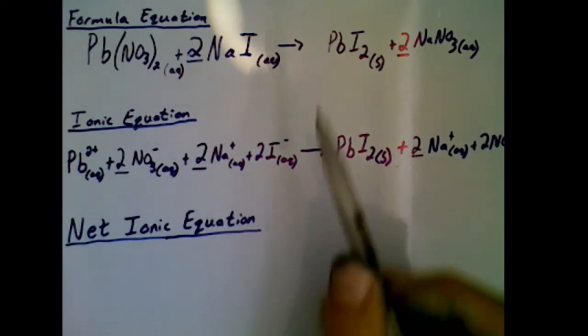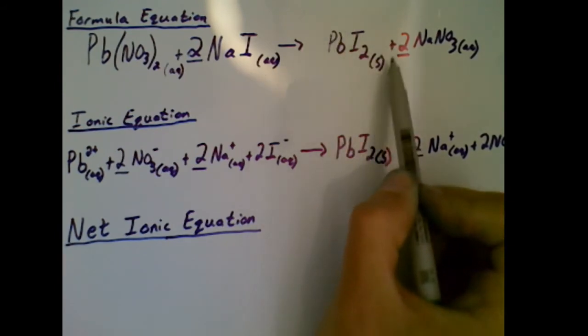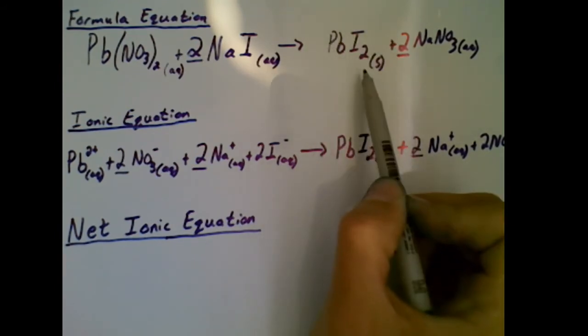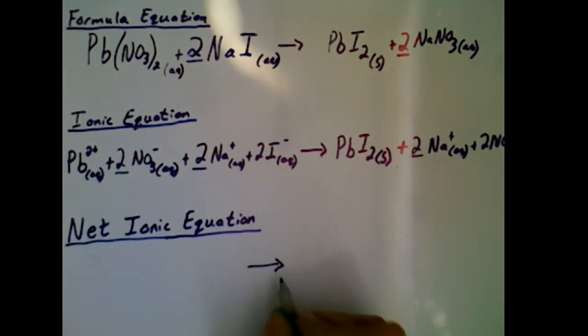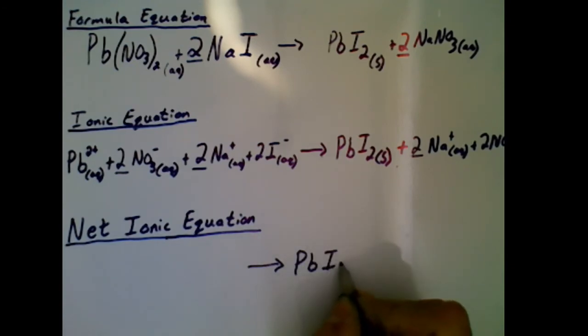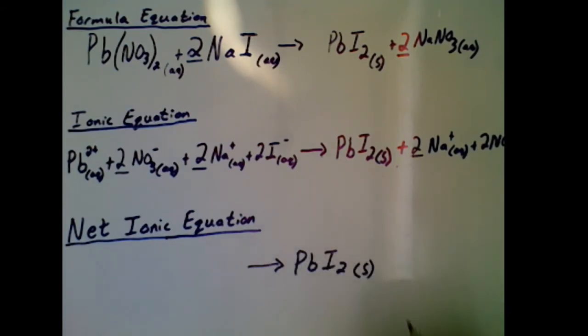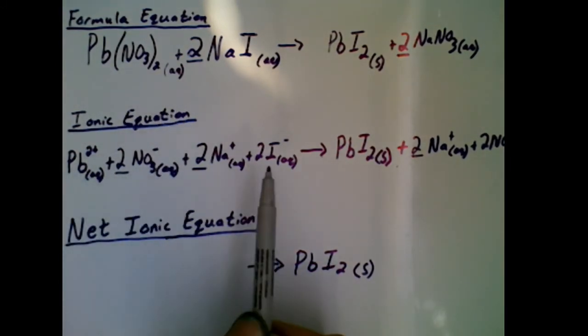To find this, you want to find what was my substance that actually changed? Well, that's in this case the PbI2. So after my arrow, I'm going to have PbI2, and it's going to be solid because that's what it turned into. Then we want to find what did it actually react with?